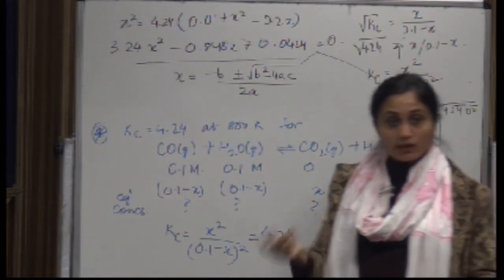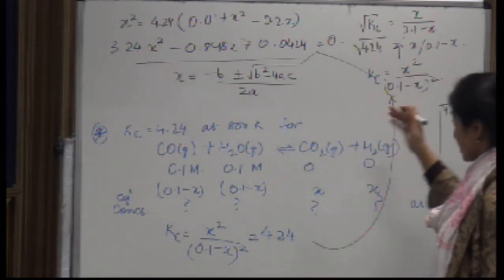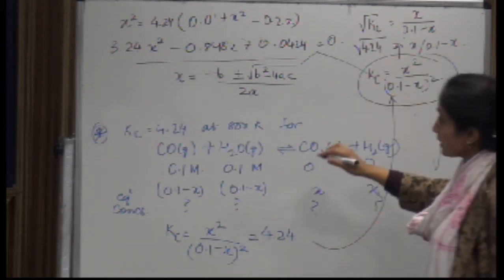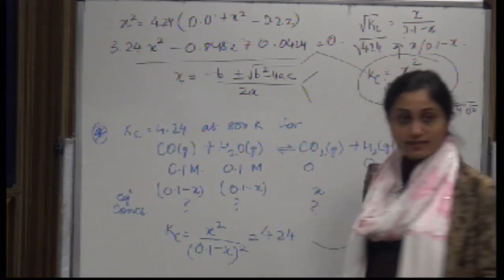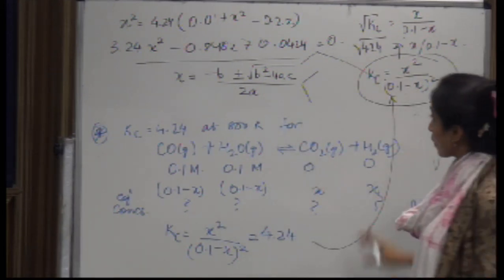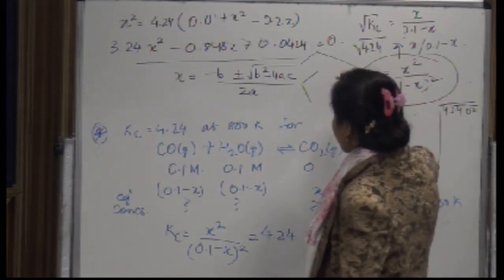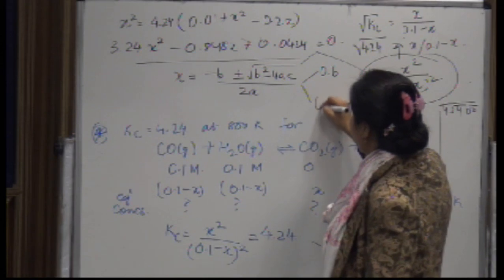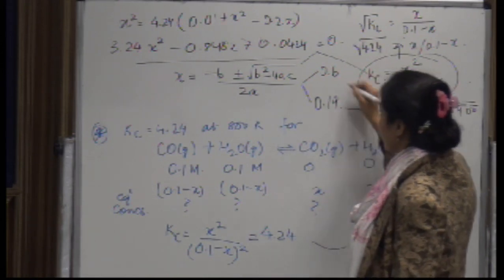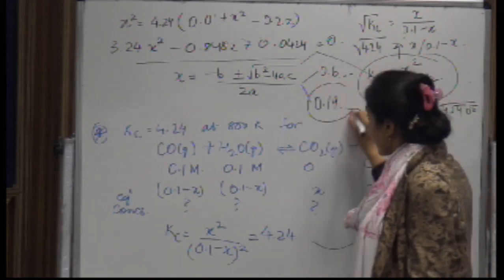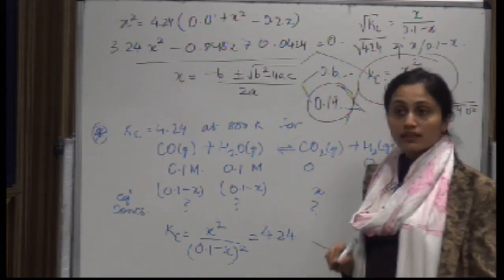This reduces your work to a great extent, because in this case you get two values of x. What will be those two values of x? Say one turns out to be equal to 0.6 and the other turns out to be 0.19 something. In this case, this value will be neglected.